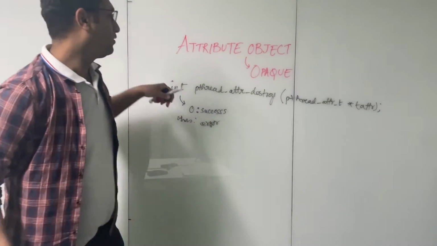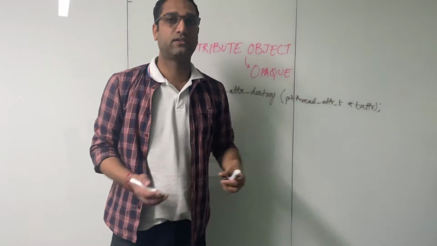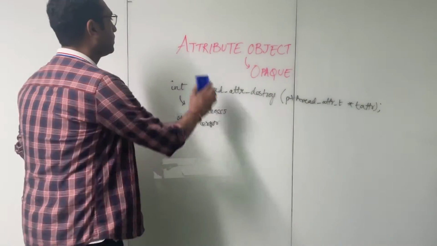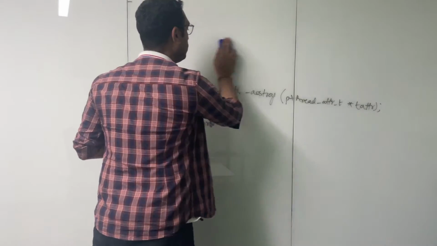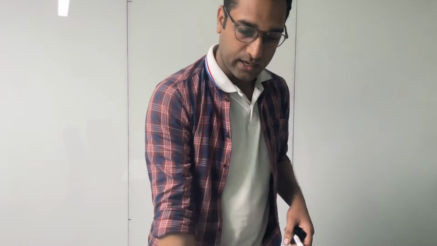So once you are done and want to destroy the attribute object, make a call to this function and it will destroy the attribute object. Okay, moving on, now we will study the attributes in detail and the APIs that are provided by POSIX and how to deal with them.